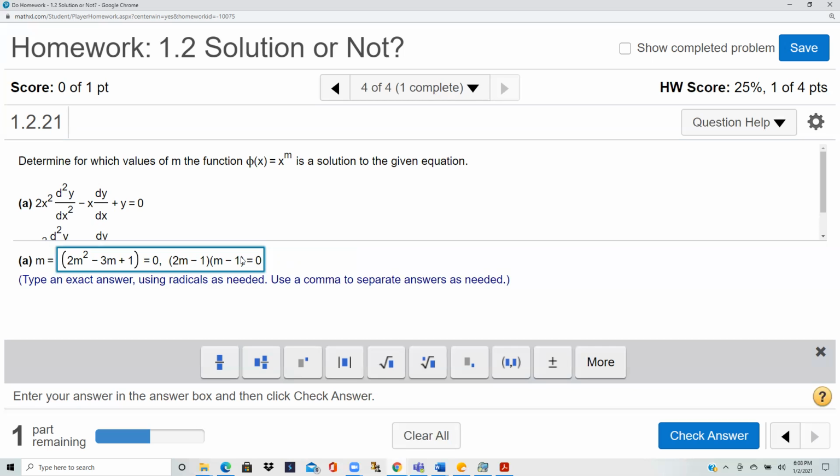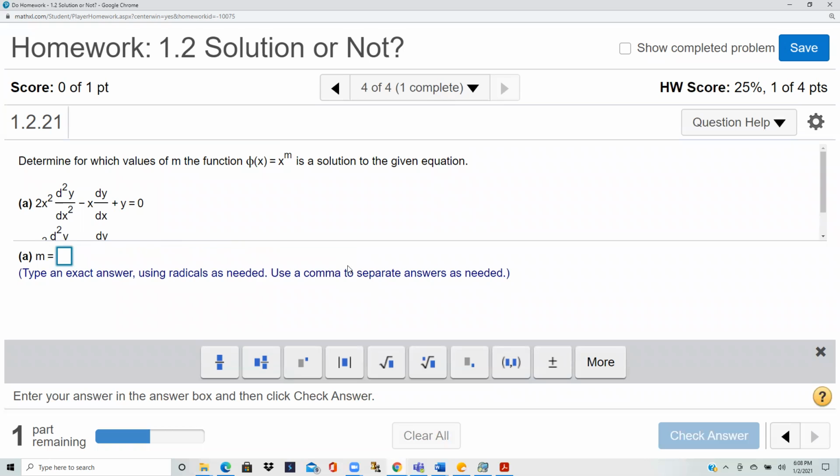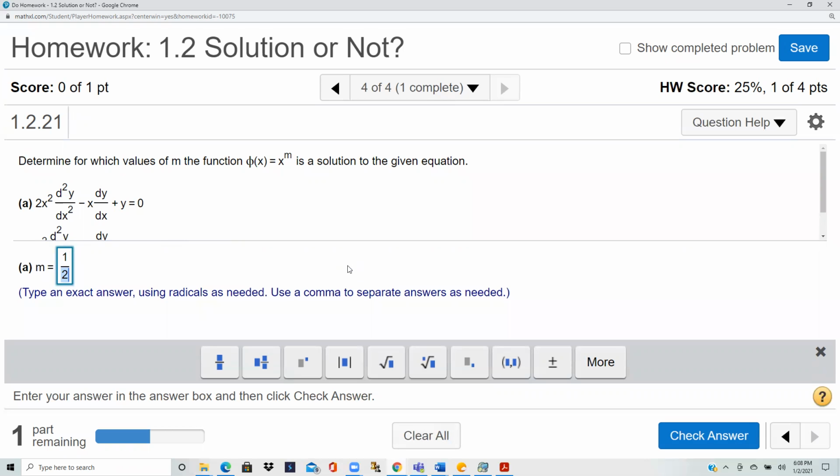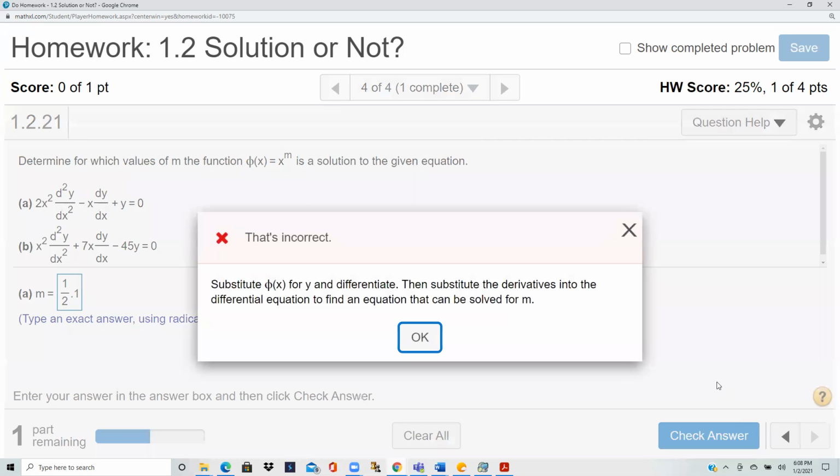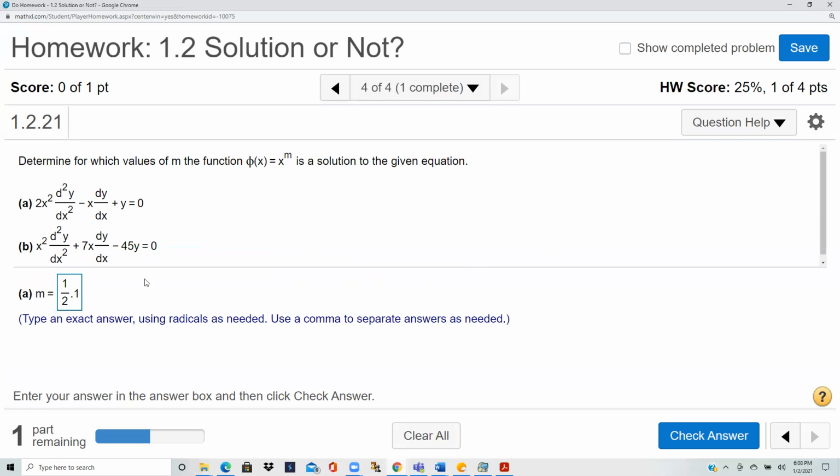So there are two values: m equals a half and m equals 1. So oh, I need to put a comma. I think I put a period.